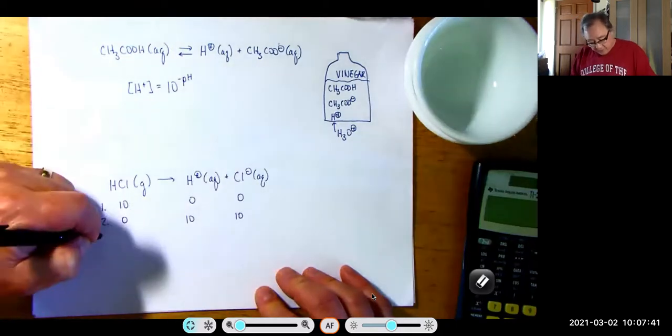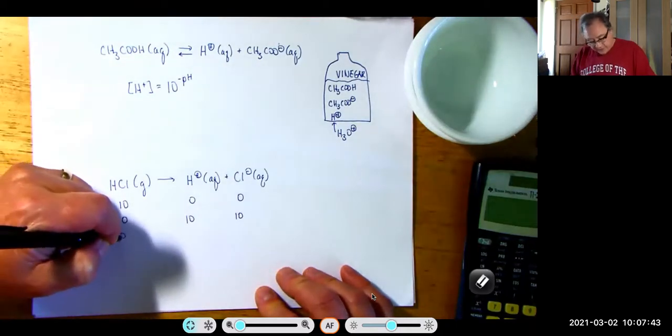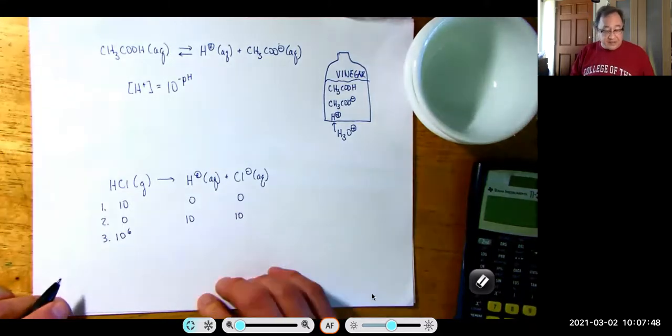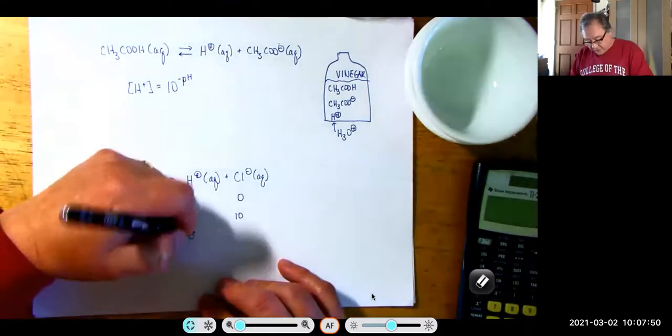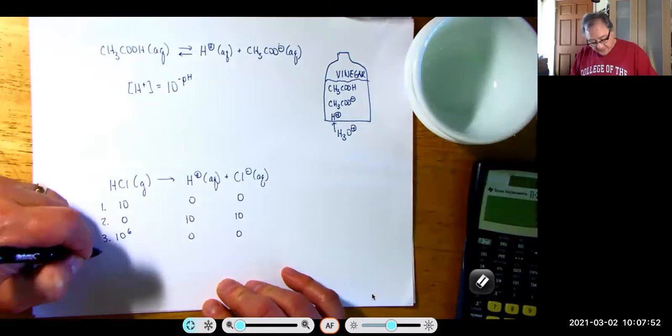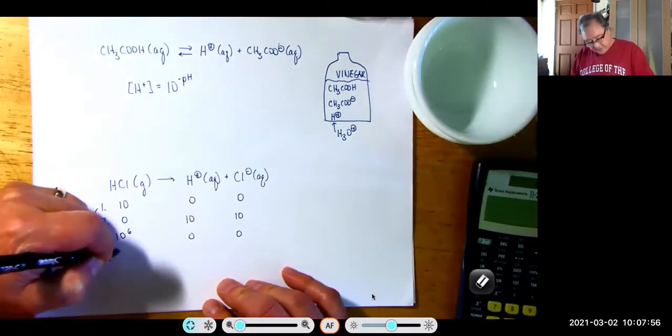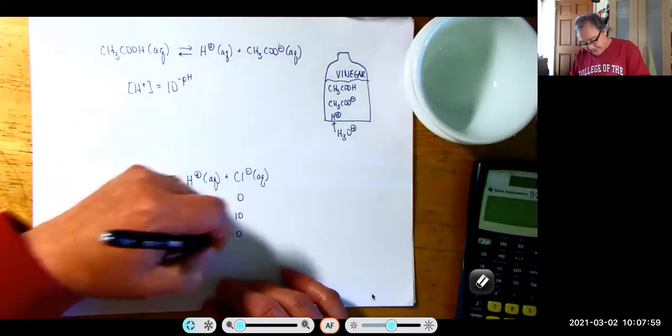And in fact, if you put 10 to the 6, that's a million, and you start off with 0 here and 0 here, after time, you will get 0 here and 10 to the 6 and 10 to the 6.